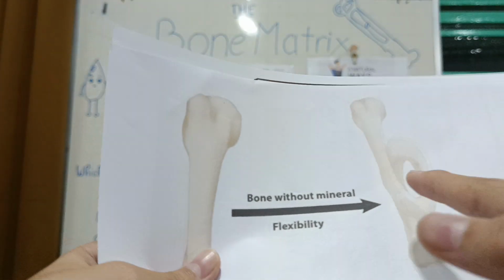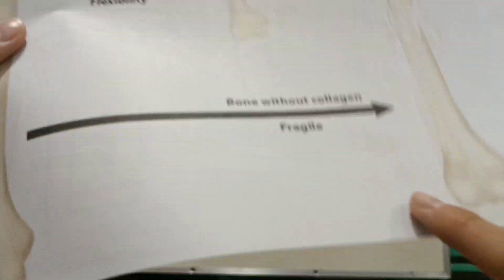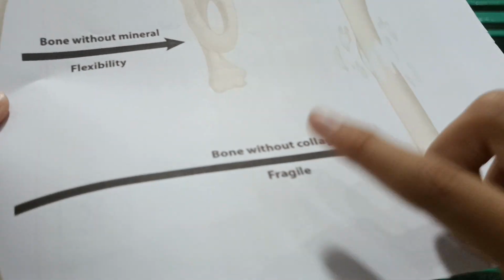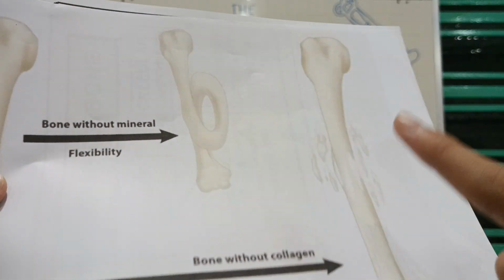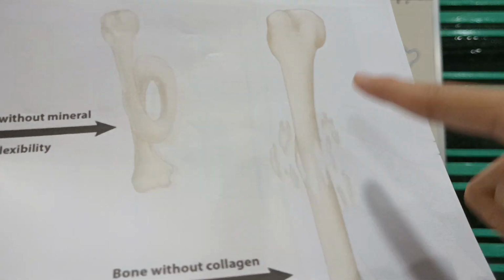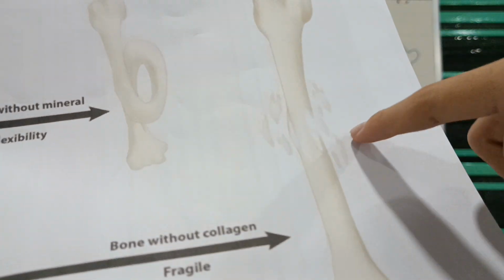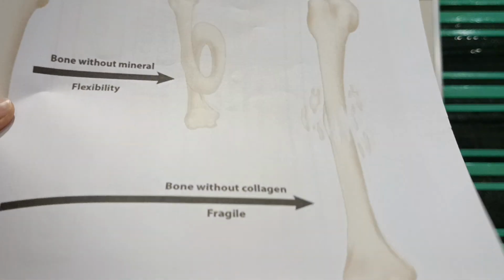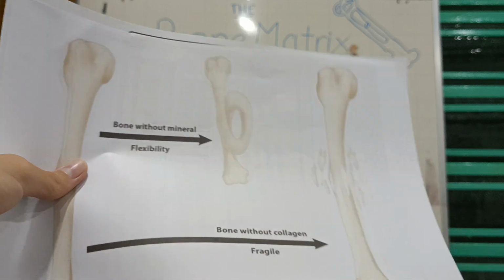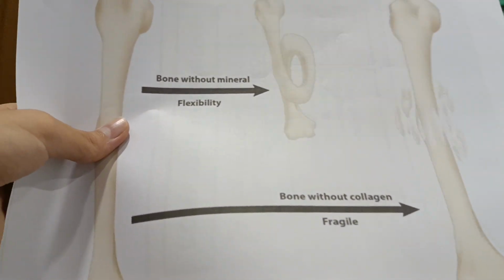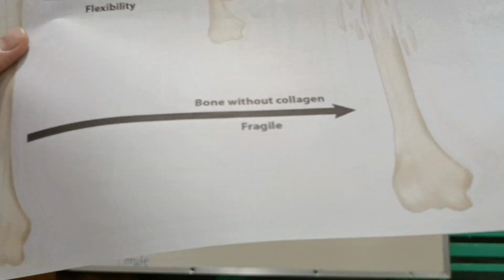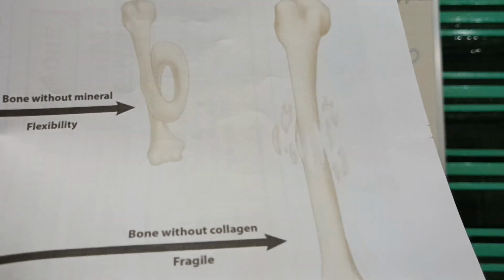But if we don't have collagen, it will be too fragile, and we don't want that either, because if we touch it, it will then break. So yeah, that is the model I want to show you about. The bone without mineral will be too flexible, and the bone without collagen will be too fragile.